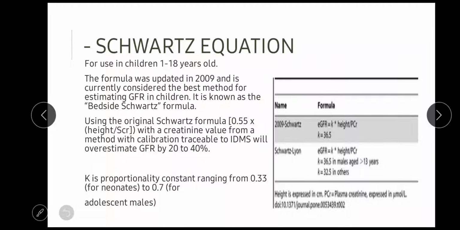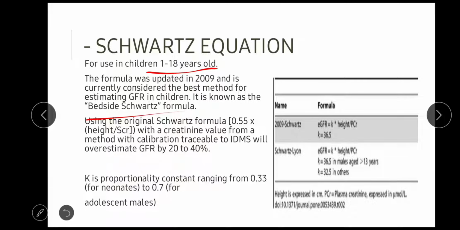Then next, yung Schwartz equation, it is used in children. Kung yung Sanaka natin ay ginagamit for senior, Schwartz equation for children 1 to 18 years old. The formula was updated in 2009 and is currently considered the best method for estimating GFR in children. It is known as the bedside Schwartz formula.